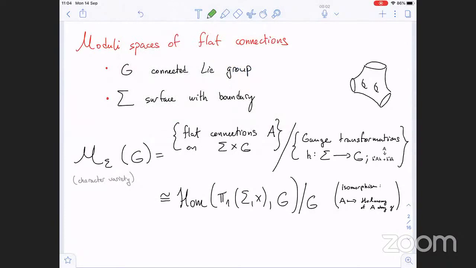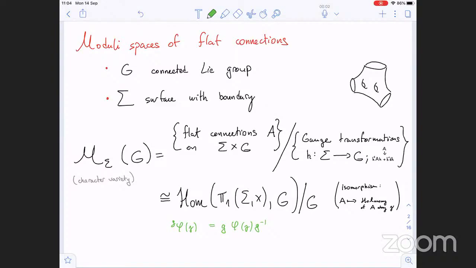If you have a homomorphism phi of gamma, then if you act on it by G, what you get is phi of gamma conjugated. So the action is simultaneous conjugation of all the maps.